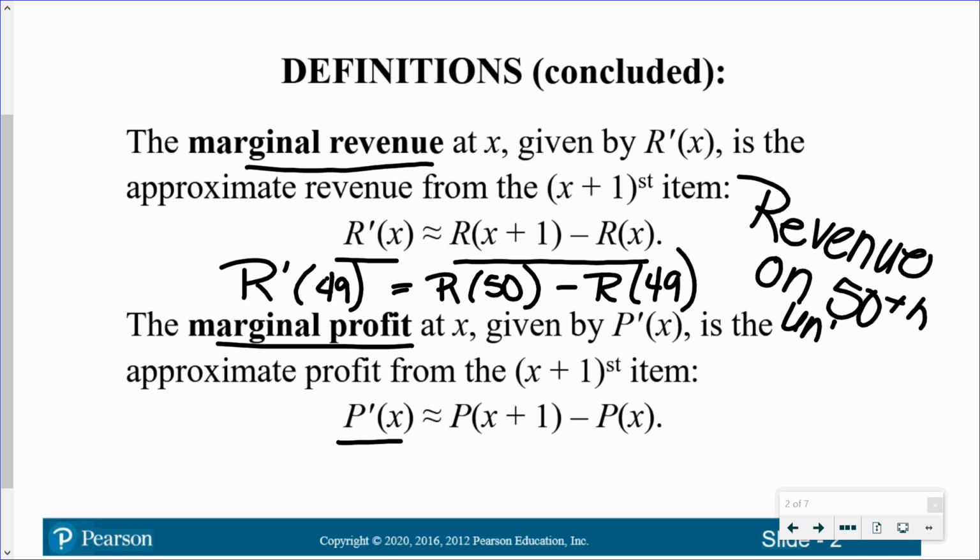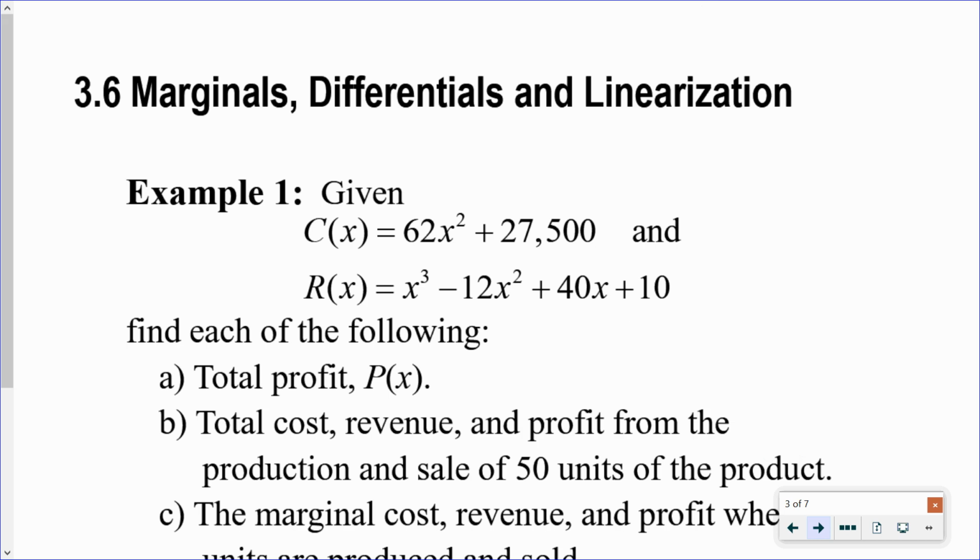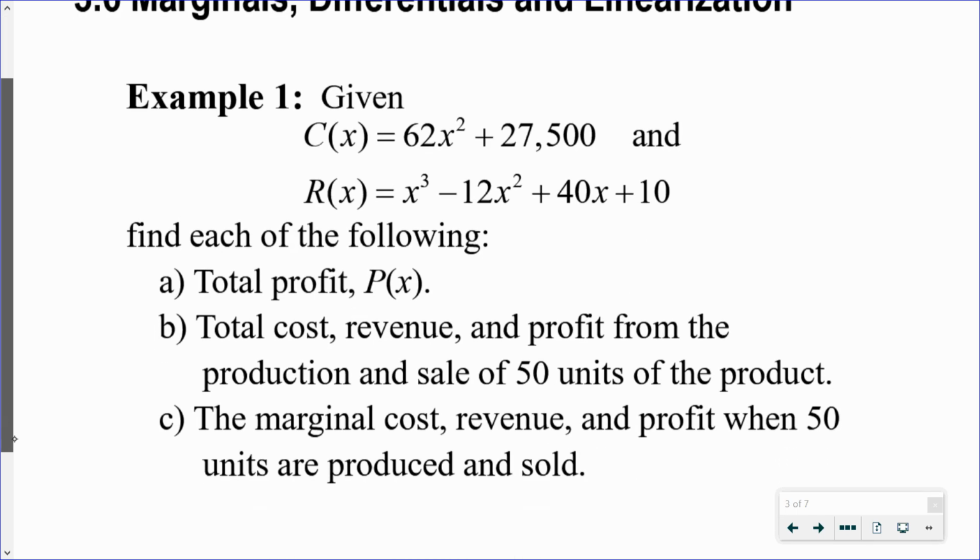Not all 50 units, just the revenue associated with the 50th unit by itself. Okay, marginal profit, that same property holds true, so we won't go through the numbers on that.